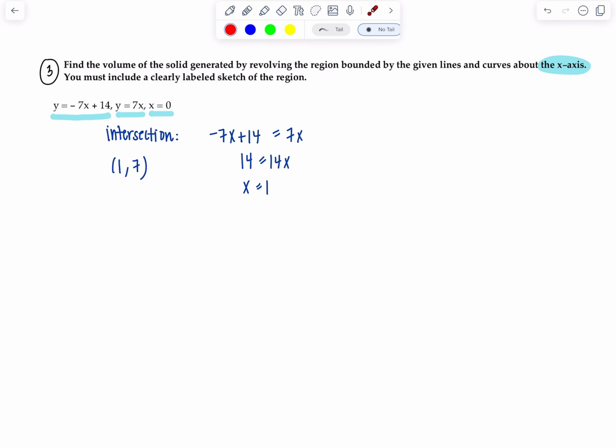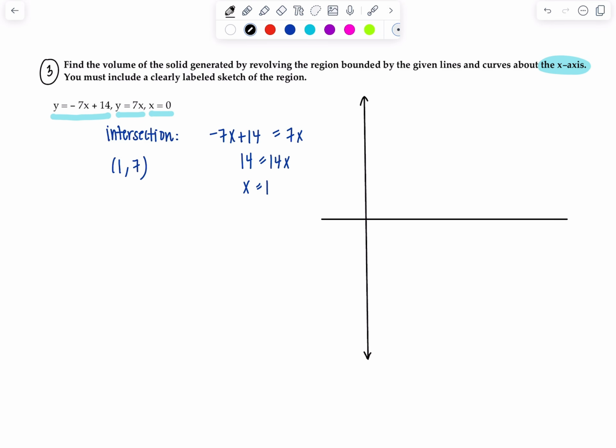And then I'm looking here, this first line has a y-intercept of 14. Okay, scale in a way that makes sense. You don't need to scale the x and y axes in the same way. And so I don't really want to pull this x-axis out so far. All of the action is happening at 1, here's 1. And then I'll just say this is 7 and this is 14.